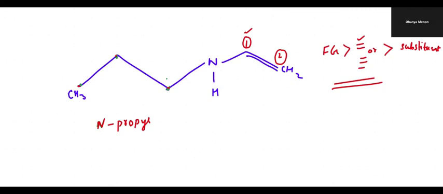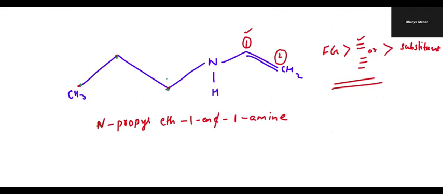So N-propyl, and the one that we have numbered, 2 carbon atoms, eth. At the first position, I have E1 amine. And I remove this E. I hope I am clear.